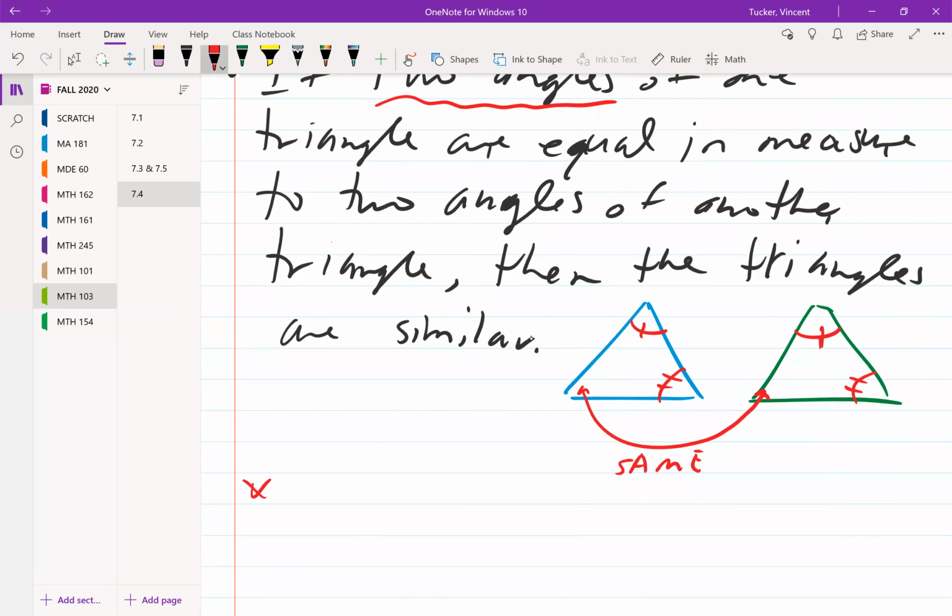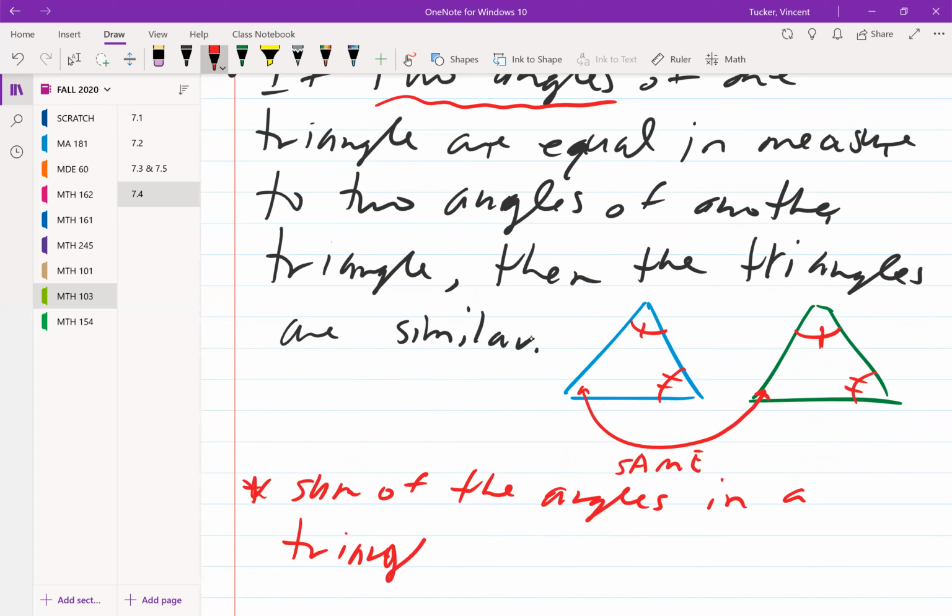And that's because the sum of the angles in a triangle is 180 degrees. I believe we mentioned that already in one of the previous videos.